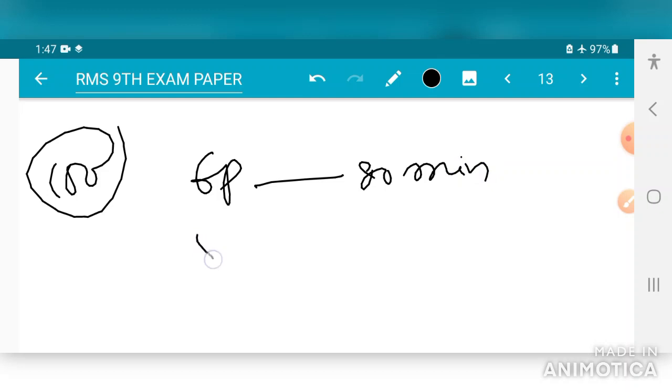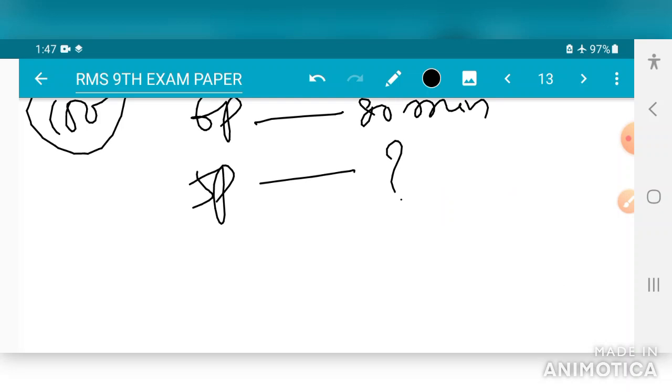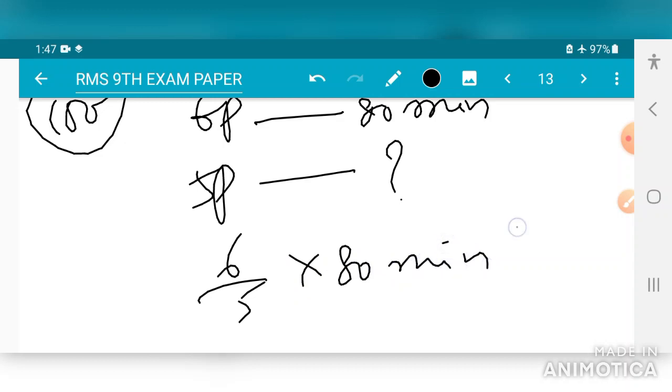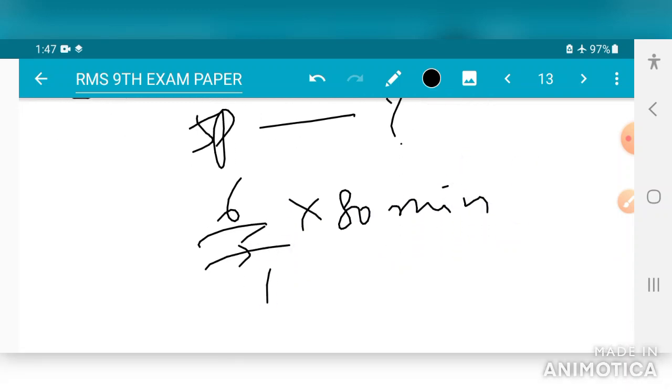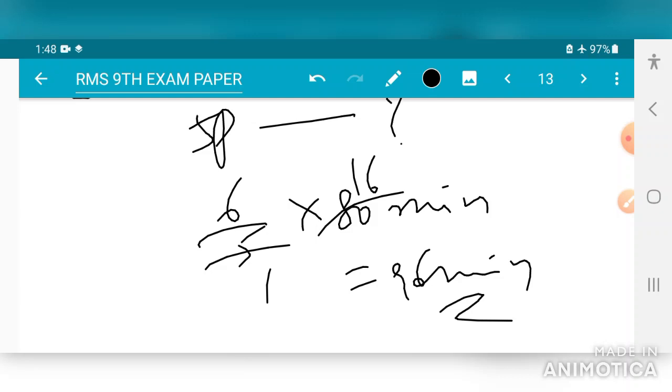The question is, 5 pipes in how much time? 6 pipes in 80 minutes, 5 pipes in... it becomes more, so 6 by 5 into 80 minutes. 5 sixteens are 80, 6 sixteens are 96 minutes. This is the required answer.